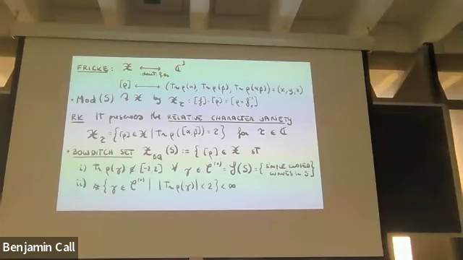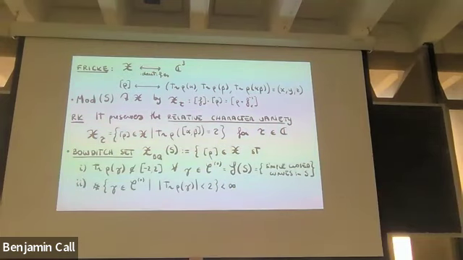The way it was originally defined, we ask first that for any simple closed curve, the trace of rho of that curve is not parabolic or elliptic.